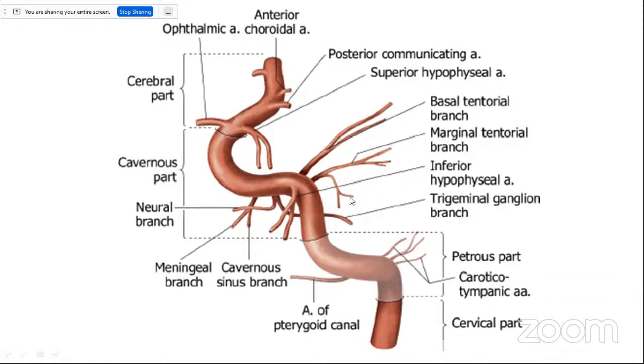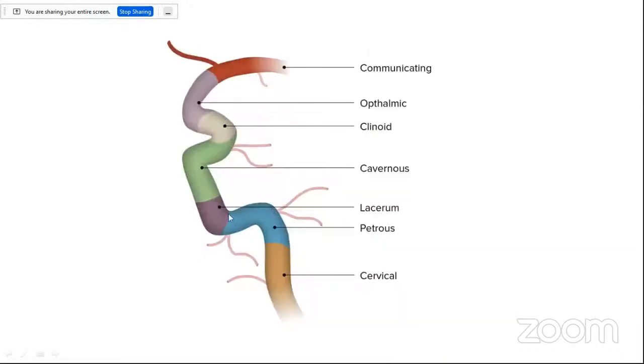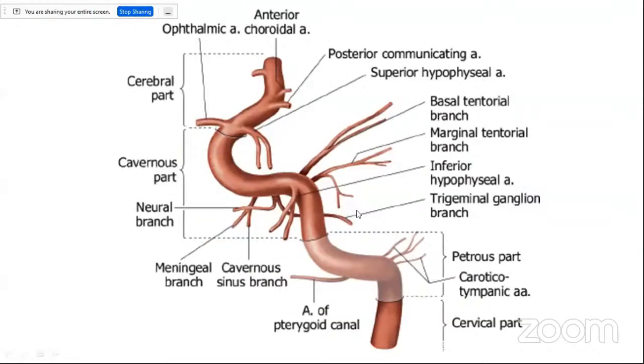Then if we progress further, after the petrosal part, you have a short segment, the lacerum part, followed by the cavernous part. The lacerum part is a very short part and it's not discussed in detail. But here, this is the cavernous part. The cavernous part gives off the following branches that we'll also be dealing with separately.